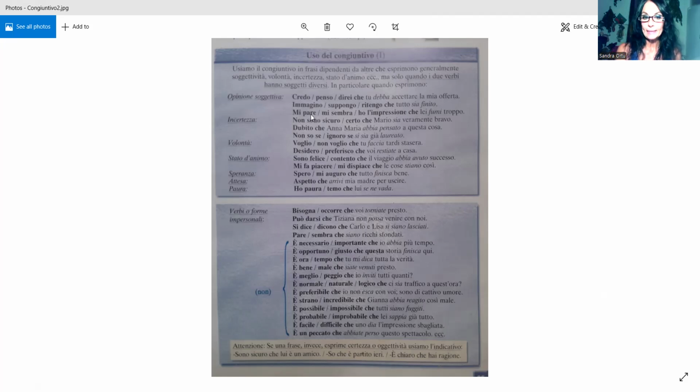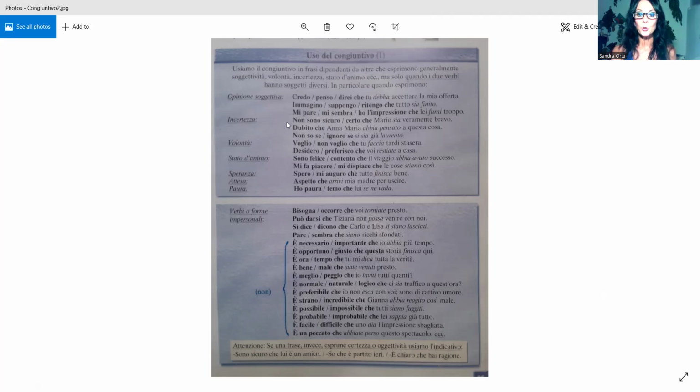And then mi pare and mi sembra, which are just the same, just different verbs with the same meaning. So it seems to me, ho l'impressione che, I have the impression that. So as you can see, it is very subjective. We are expressing our opinion on something. And then we use congiuntivo when we are expressing incertezza, uncertainty.